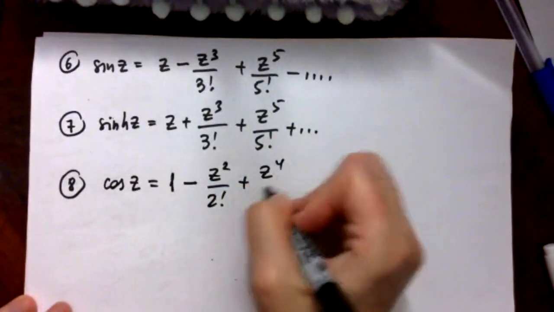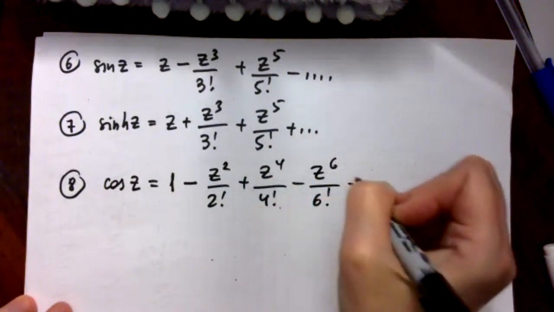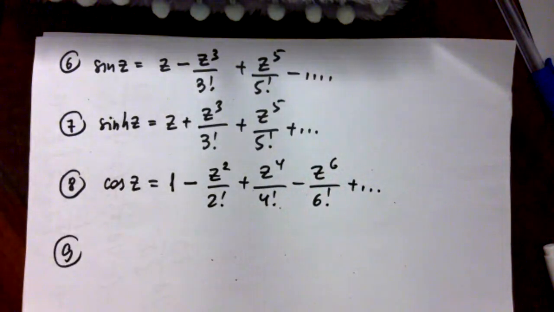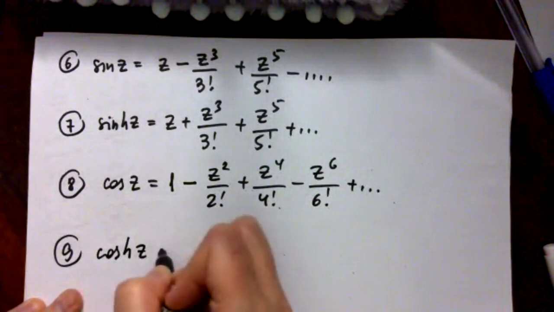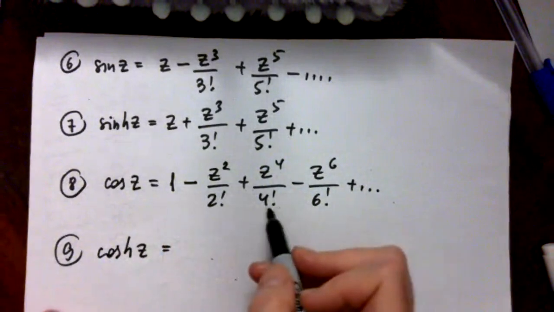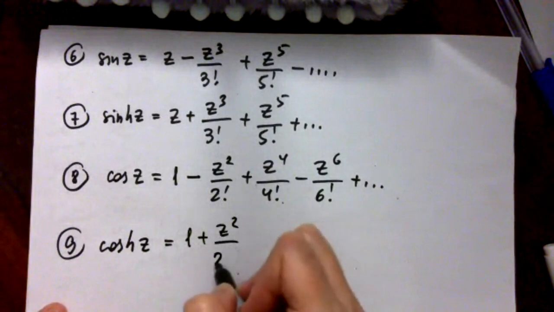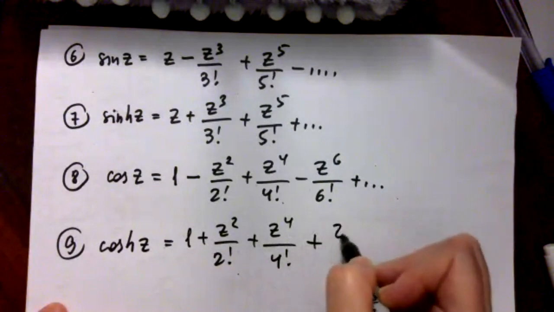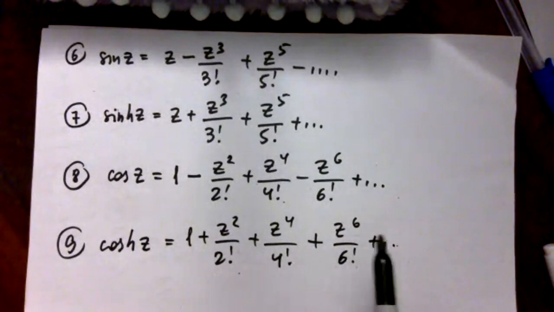So here I'm writing only even powers, and so on. Maybe one more term. Yeah, this is the last one. It will be hyperbolic cosine of z. Again, as you may already have guessed, I will have all positive terms here only. And all these expansions, all these formulas are true for any z.